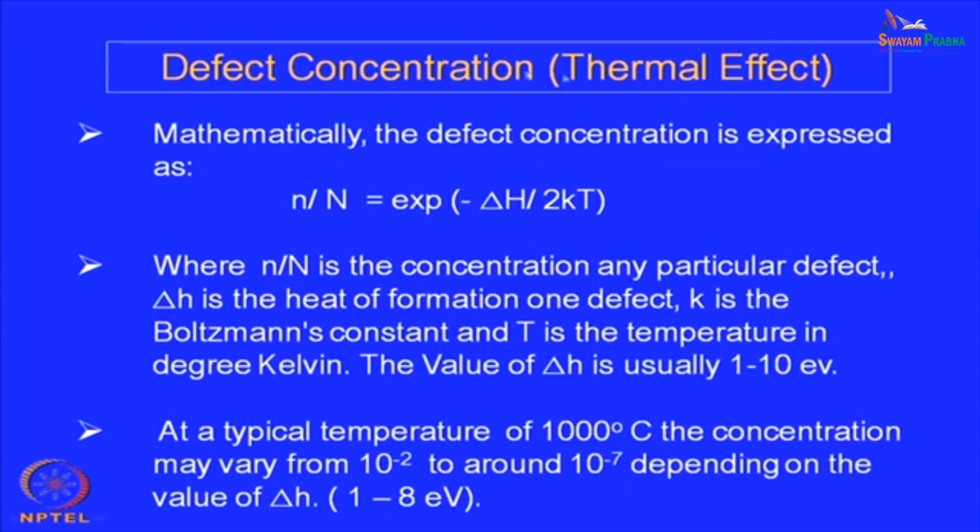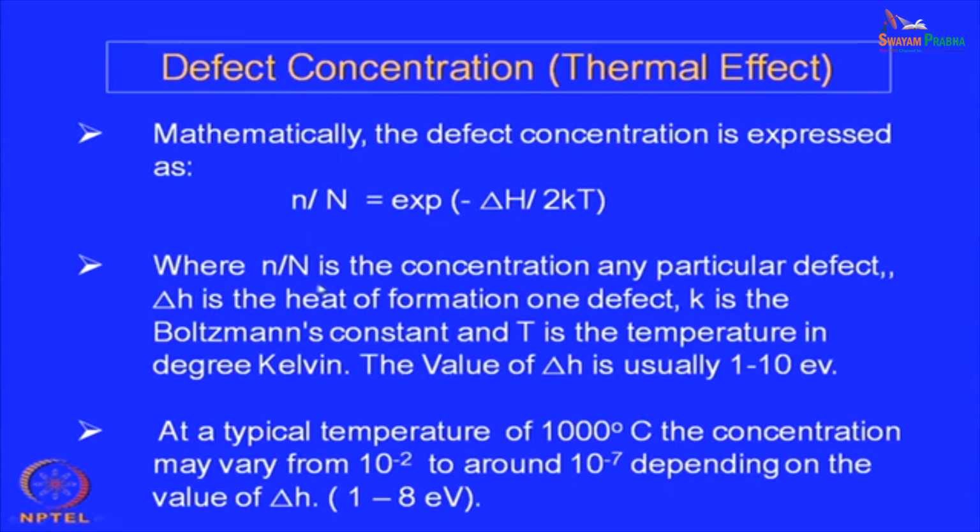Finally, this is the equation, which is a very simple Arrhenius kind of equation. Mathematically, the defect concentration is expressed as n/N, basically a concentration term, equal to exp(-ΔH/2kT), where ΔH is the enthalpy of formation of the defect. For the formation of each defect there is an enthalpy term, and that depends on the particular type of defect, the structure of the material in which it is getting generated, and so on.